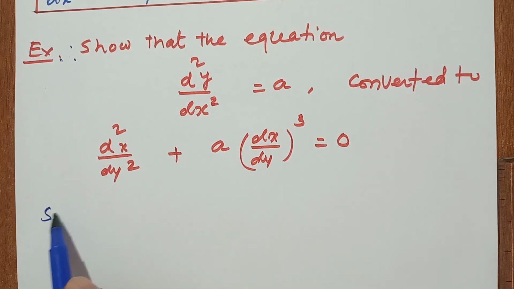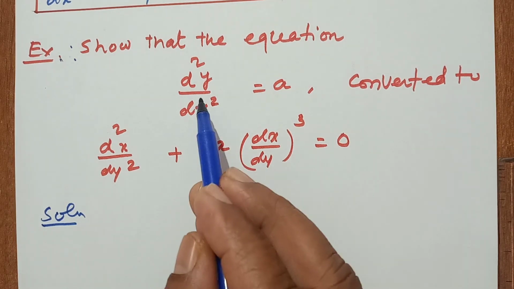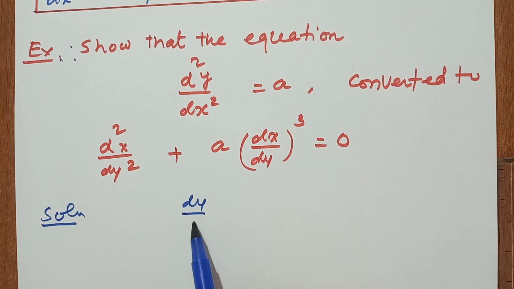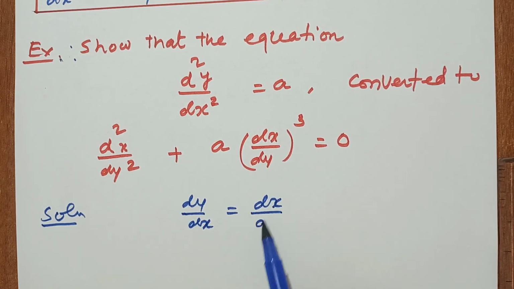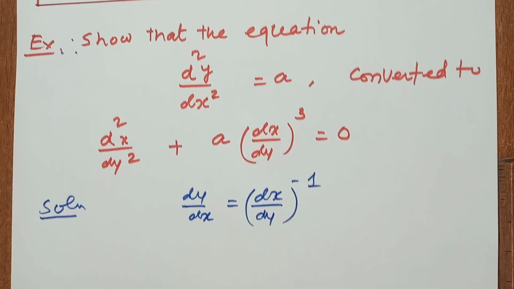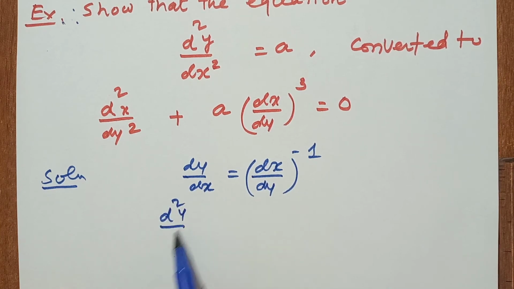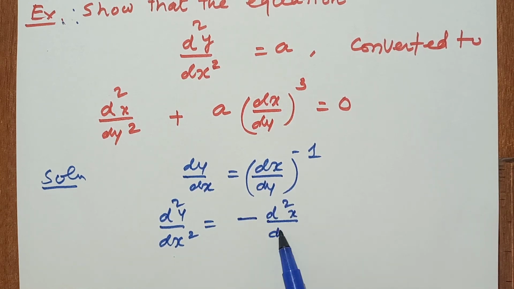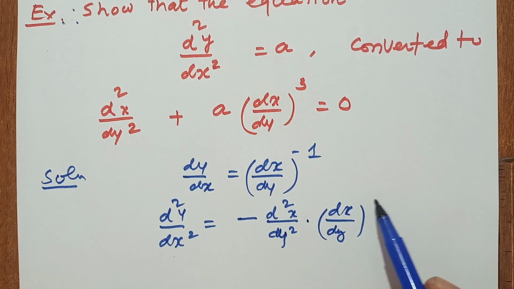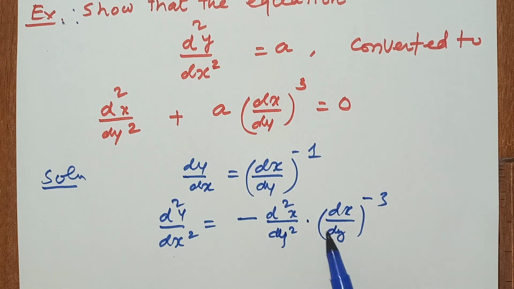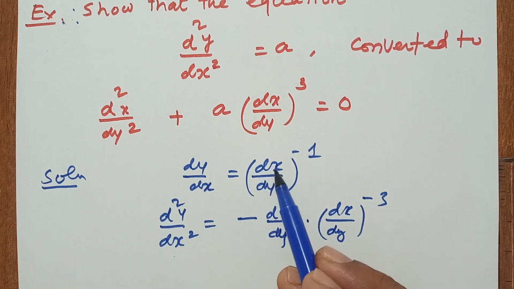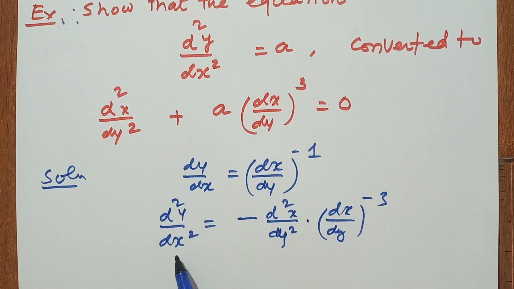So the solution is: we have dy by dx equal to (dx by dy) to the power minus 1 and d2y by dx2 equal to minus d2x by dy2 into (dx by dy) to the power minus 3.